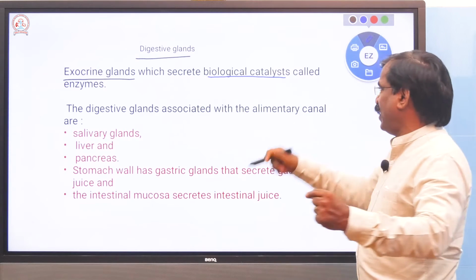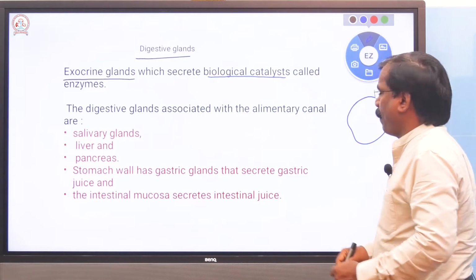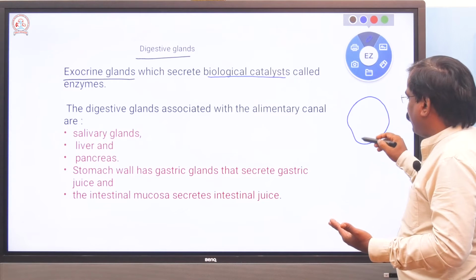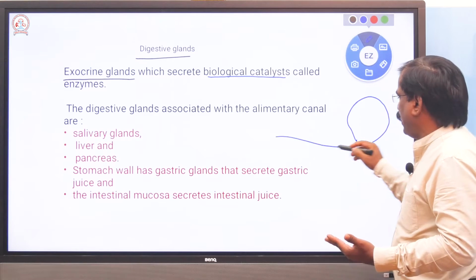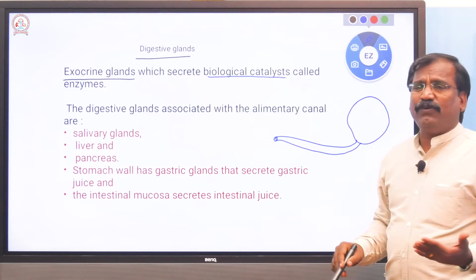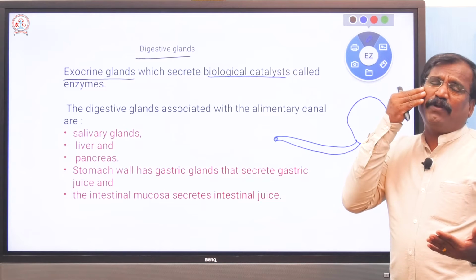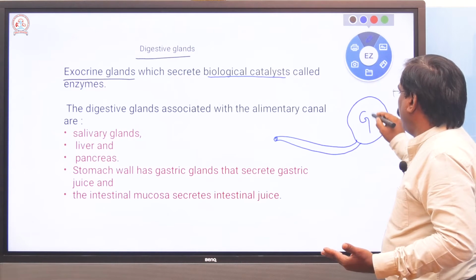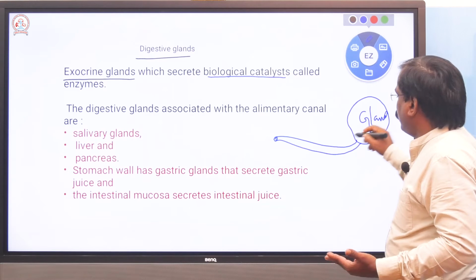See, this is one gland. Imagine this is the salivary gland. It secretes saliva. That saliva is taken to the target organ, wherever it is needed, through the salivary duct. This is the salivary gland, and what is this tube?